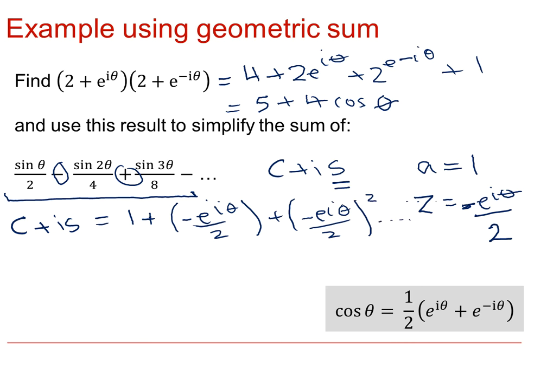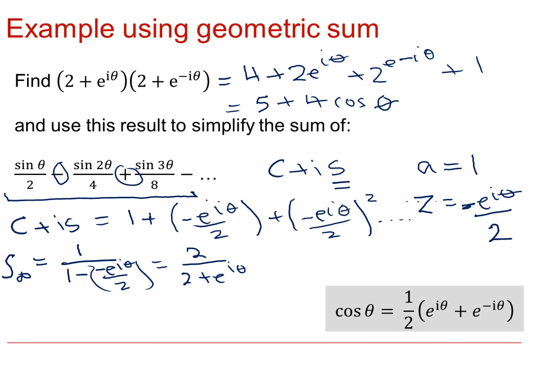This will be an infinite series, and I can sum to infinity using the a, which is 1, over 1 minus the ratio, so that's 1 minus minus e to the i theta over 2. If I multiply through by 2 and sort out the negatives, that would give me 2 over 2 plus e to the i theta.